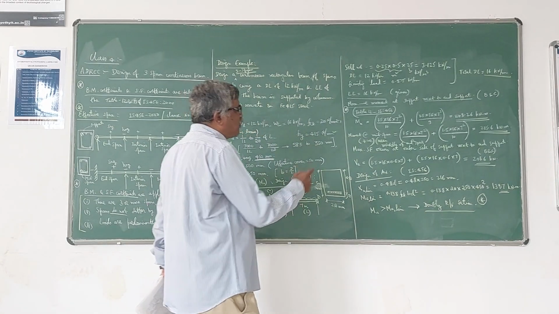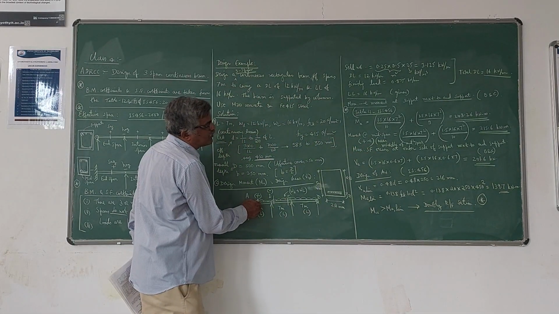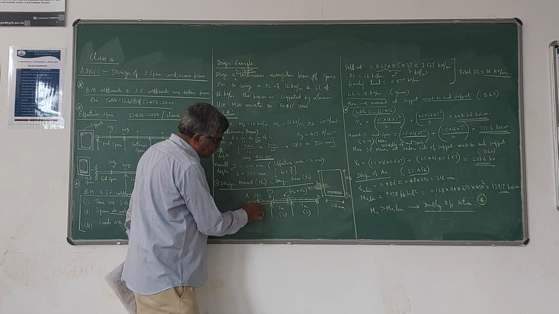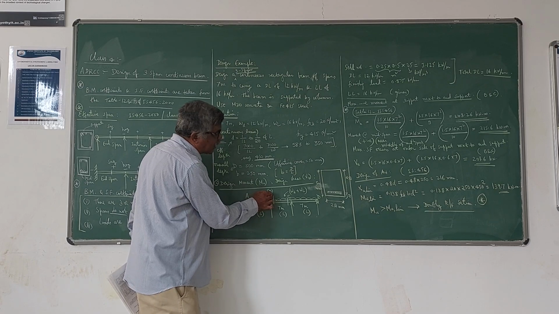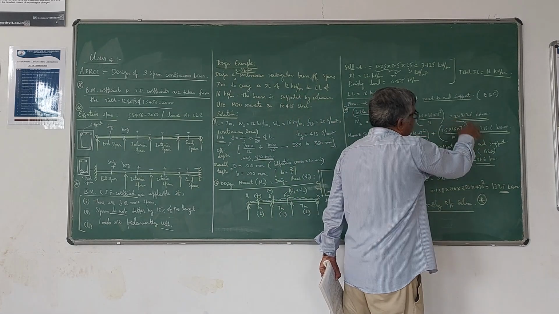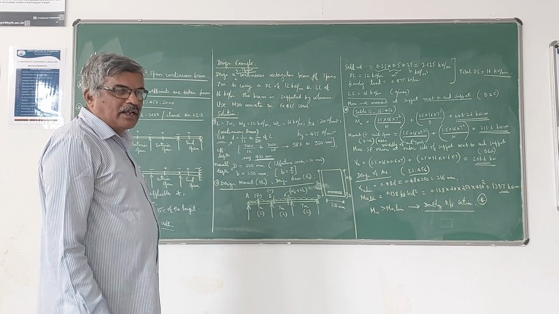This is for the positive bending moment which occurs near the middle of the end span. This is the end span, middle of end span. So here maximum positive bending moment will occur. Here maximum negative bending moment will occur. These are the values of maximum negative and maximum positive bending moment.